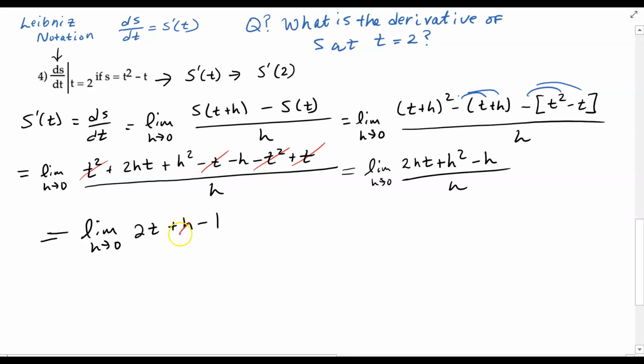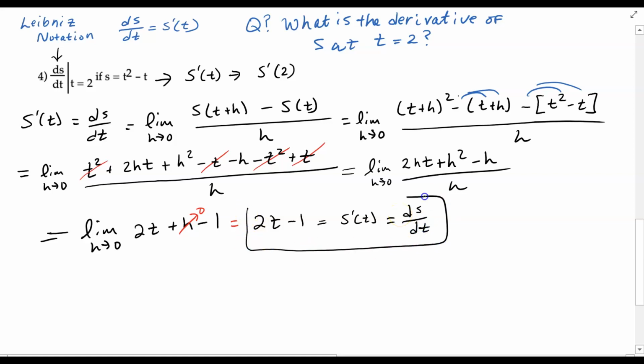And I know that h goes to 0. So what does that leave me with? 2t minus 1. This right here is my s prime of t. It is my ds dt. Same thing, they're synonymous.